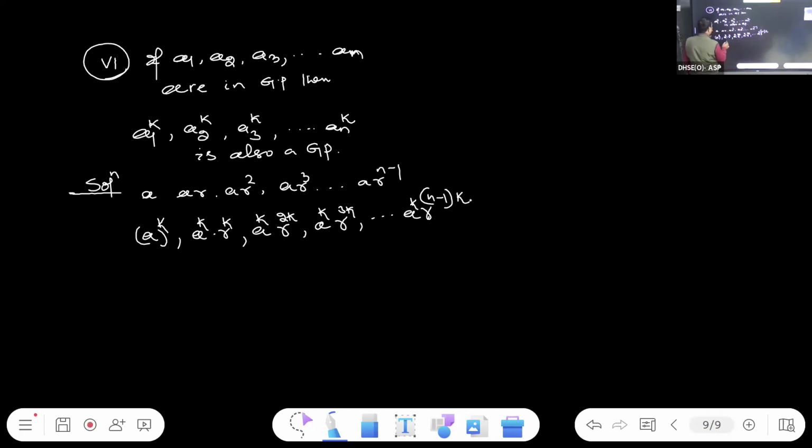The ratio of the second term and the first term is r^k. The ratio of the third term and the second term is r^k. The ratio of the fourth term and the third term is r^k. The common ratio is maintained, so the sequence is a GP.